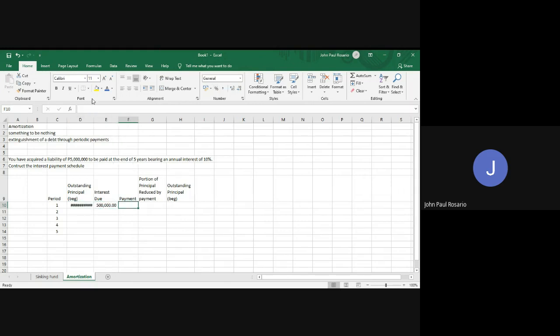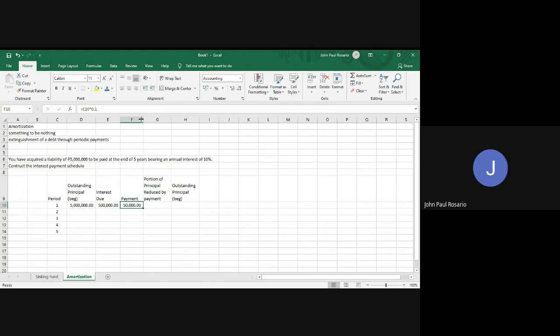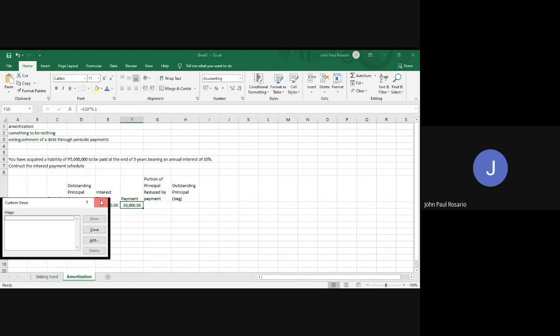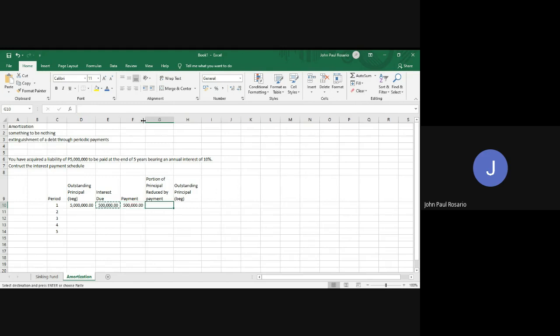You paid exactly 500,000 as well. Now, what is the portion of principal reduced by payment? Of course it's none, because your liability for interest is 500,000 and you paid exactly 500,000. So there is zero amount that is applicable to your principal.